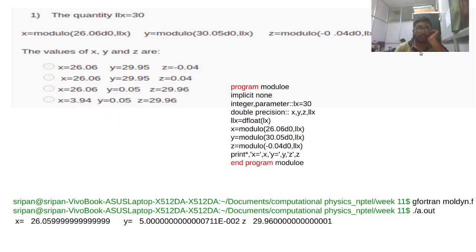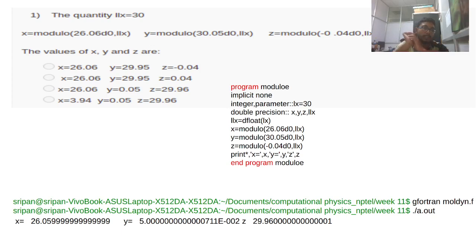The question suggests that there is a quantity, say LLX, which equals 30, and we have to calculate the values of x, y, and z, which are defined as modulo operations by these equations. So we have x equals modulo of 26.06d0, that means double precision, divided by LLX.